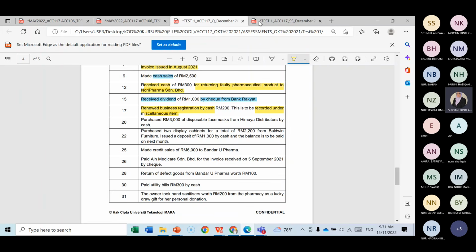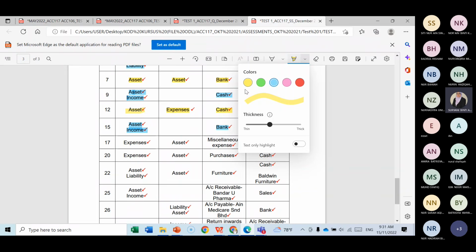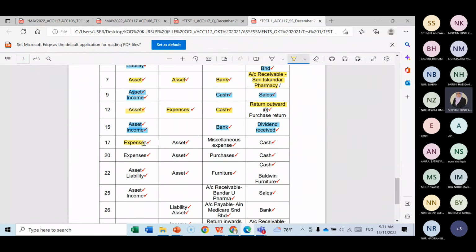Asset. So on 17, there will be increase in your expenses because business registration is part of your cost, and these expenses is to be recorded on the debit side. The name of the account is miscellaneous expenses, belanja pelbagai. And at the same time, your asset decrease because you make payment by cash.